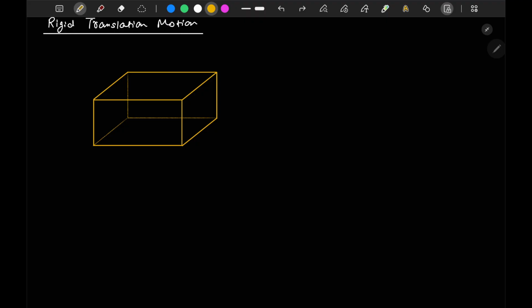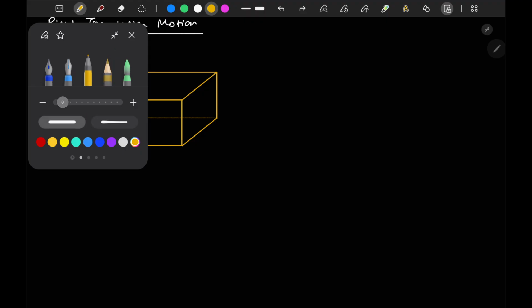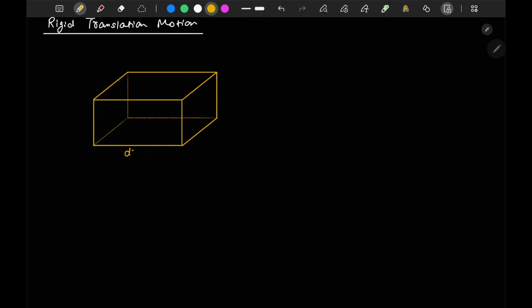Let's say that this element has a length of dx. This dimension is dy. This dimension is dz.